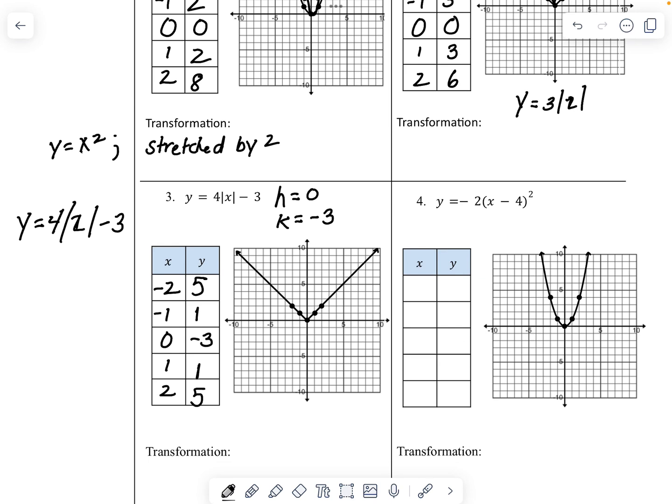Okay, so let's graph it. We are going to be at 0, -3 now. 1, 2, 3. And at 1 and -1, we're still going to be at 1. We're going to still be at that same point there. And then at 2 and -2, we're going to be up at 5.